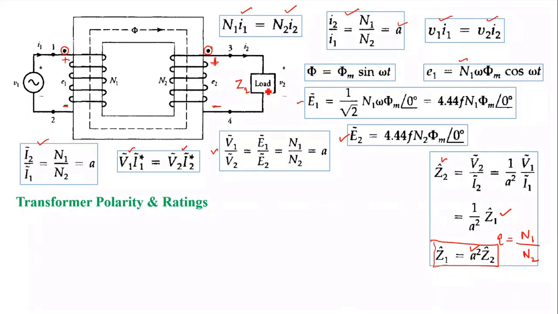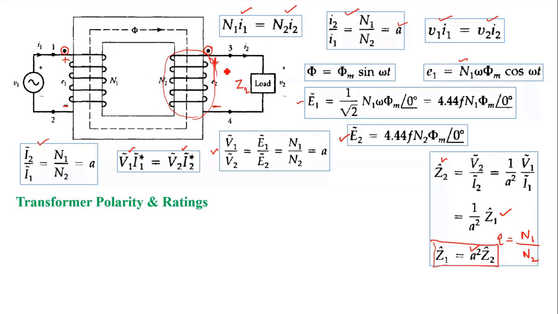Now when the load is connected, current starts flowing in the secondary circuit, and the flux produced in the secondary side will oppose the flux due to the primary side. We know this is Lenz's law, right?